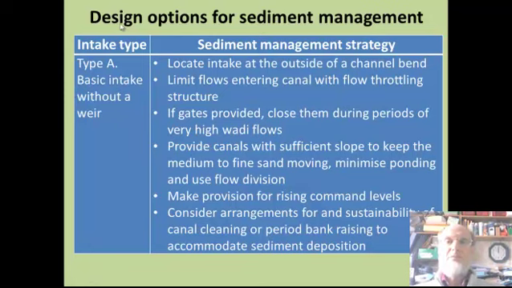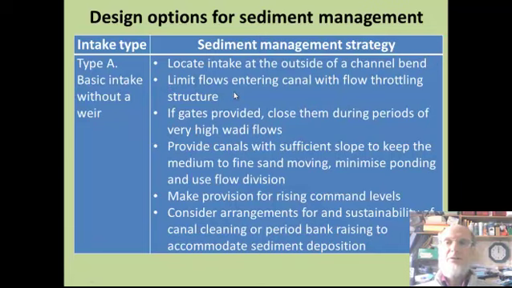Now, we have some design options for sediment management. We have a basic intake without a weir, here called Type A. Our sediment management strategy: first, locate the intake on the outside of a channel bend.